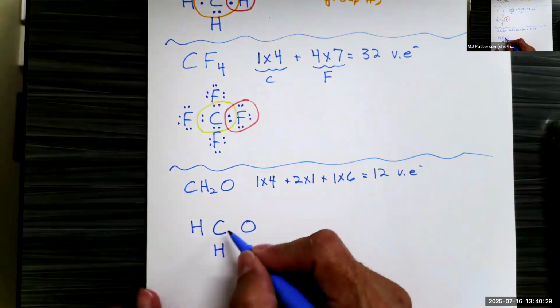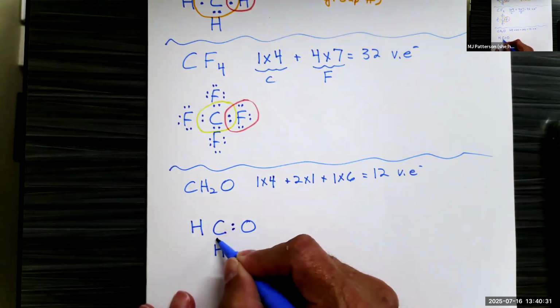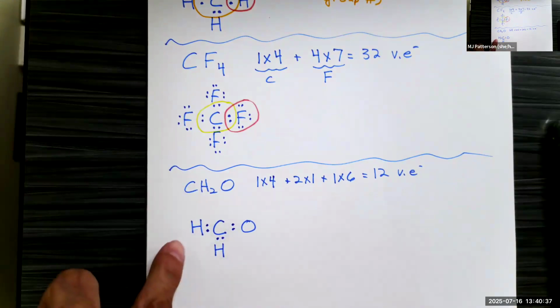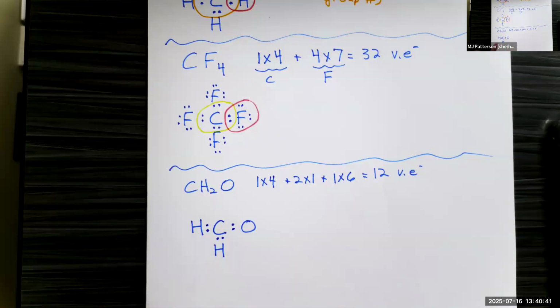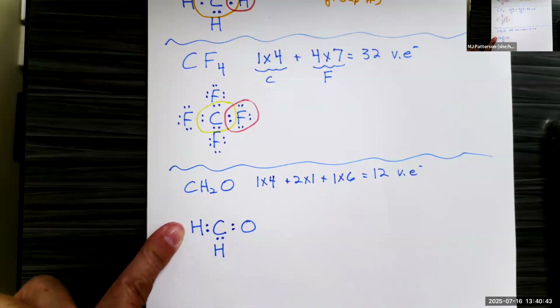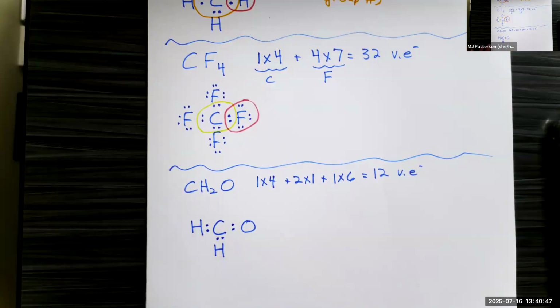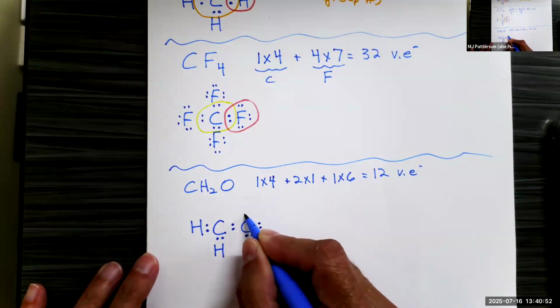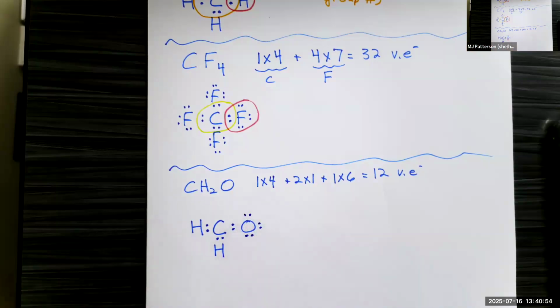If we glue the atoms together, 2, 4, 6, we use half of our electrons. The next step is to make sure all the outside atoms have octets. Hydrogen wants duets, so it's good right there. So we'll take those others, and that makes 8, 10, 12, and we'll put them on the oxygen.